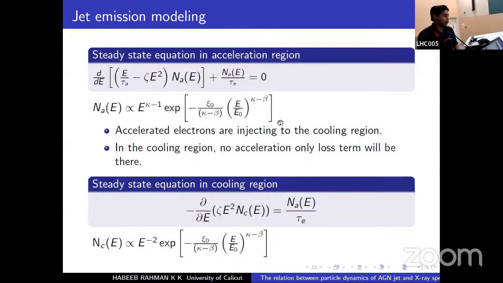If we compare this result with the previous result of Goswami et al., the functional form will be the same, just replacing kappa, the energy dependent escape, by kappa minus beta. So we are just replacing kappa with kappa minus beta. That is the main difference.